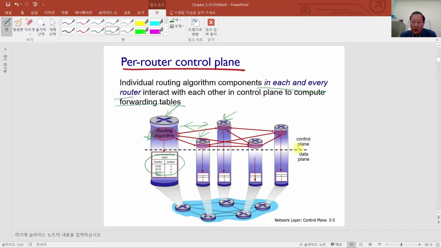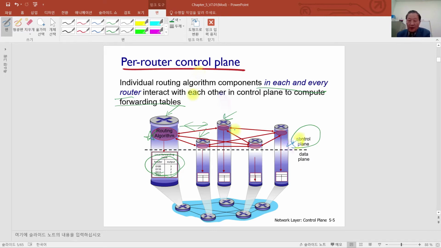This is the traditional scheme, but to understand the control plane better, we are discussing it in this way. This is mainly for the computation of the local forwarding table based on this per-router control plane scheme.